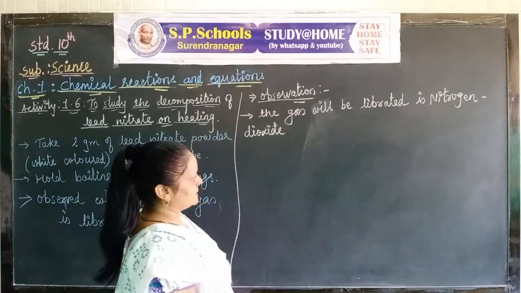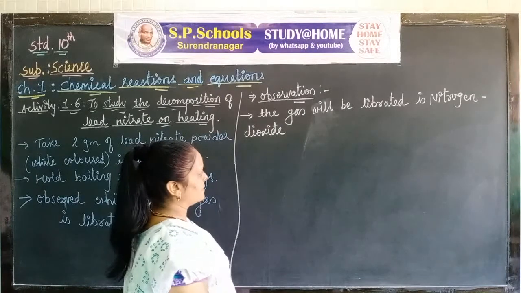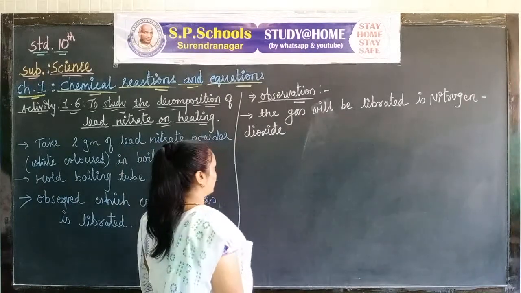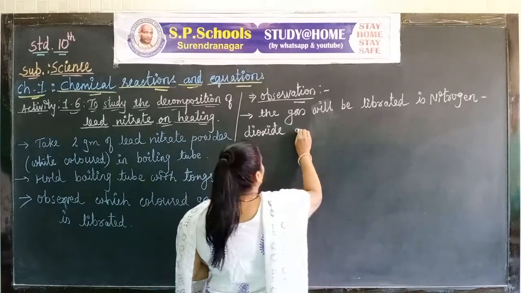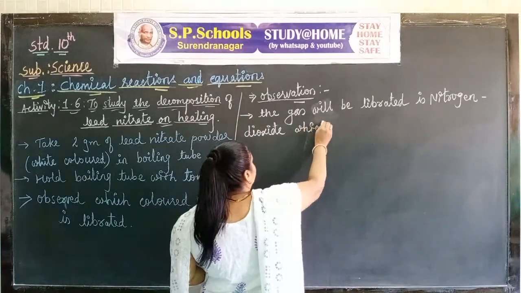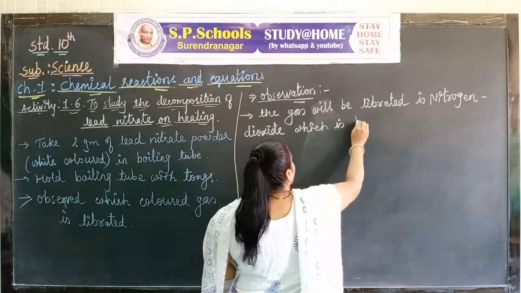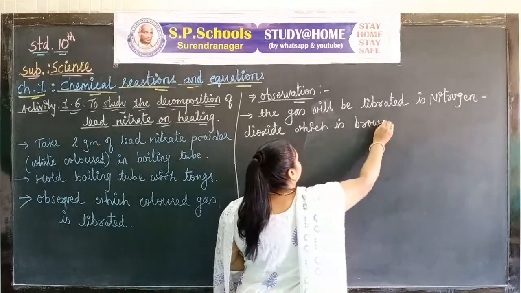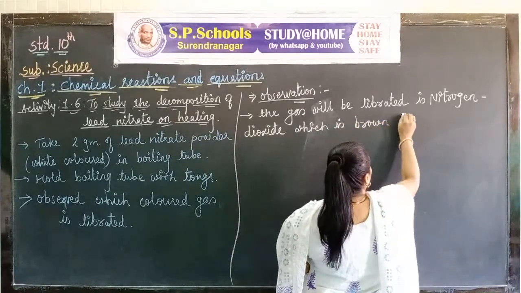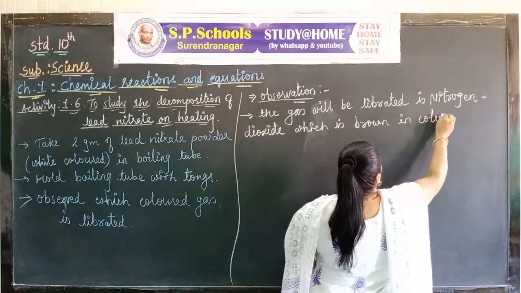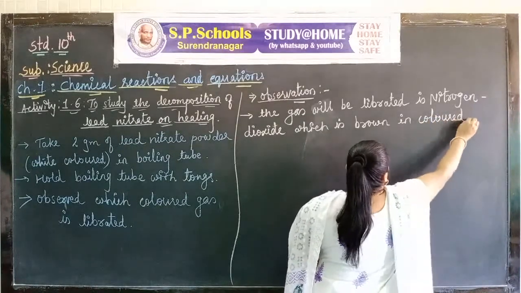Which gas will be seen? The gas is nitrogen dioxide, and the color is brown.